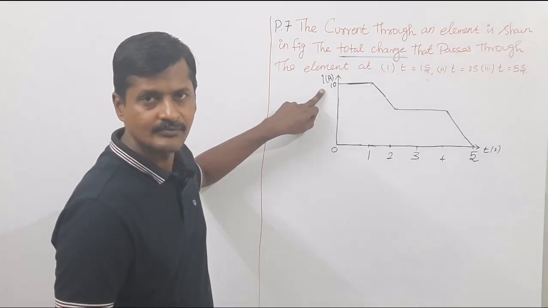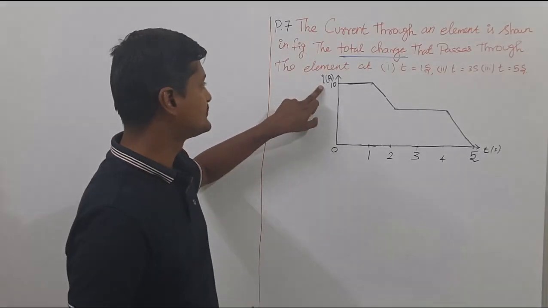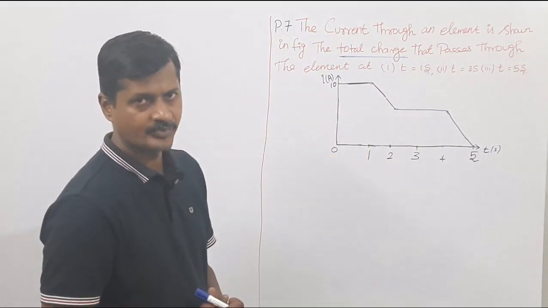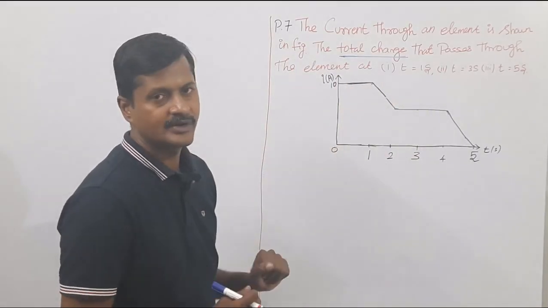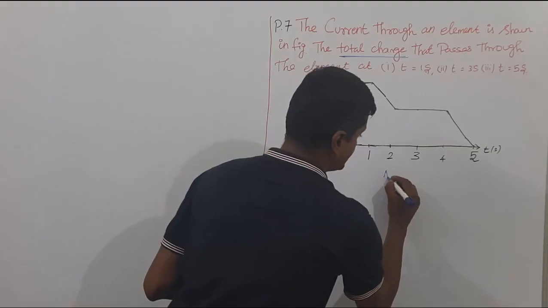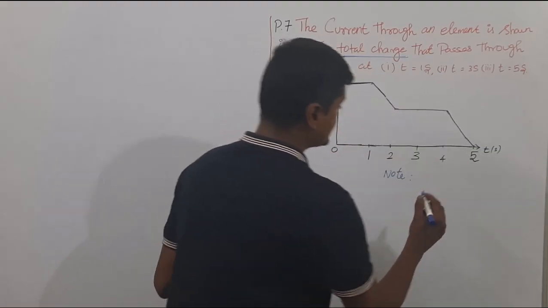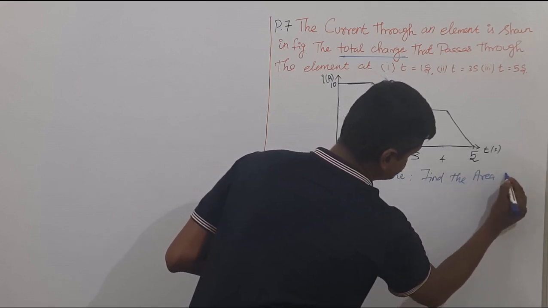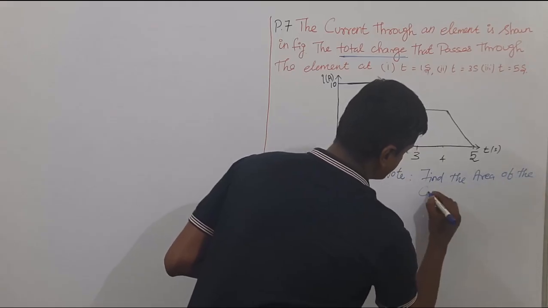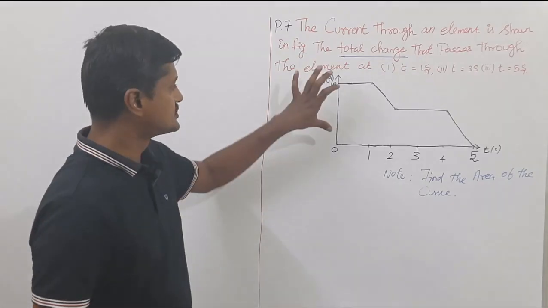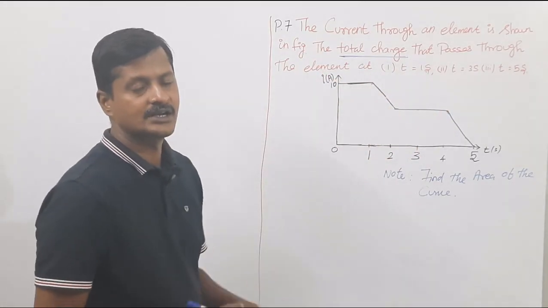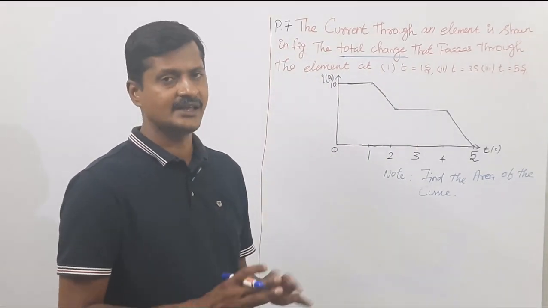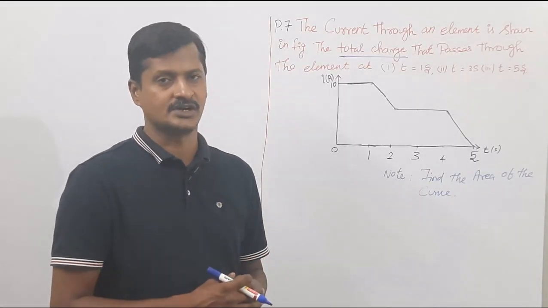That is the figure of the current, I with respect to time. It is the waveform of the current flowing through an element in a device. So if such a waveform is given, instead of integration, find the area of the curve. If we calculate the area of the curve, that is equal to the charge. In integration we are finding the area of the curve, which is equal to charge.